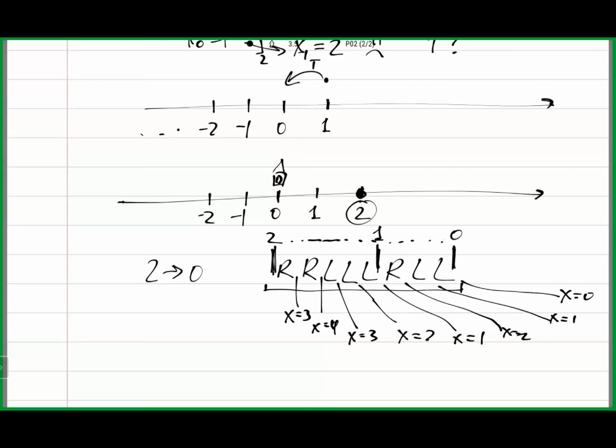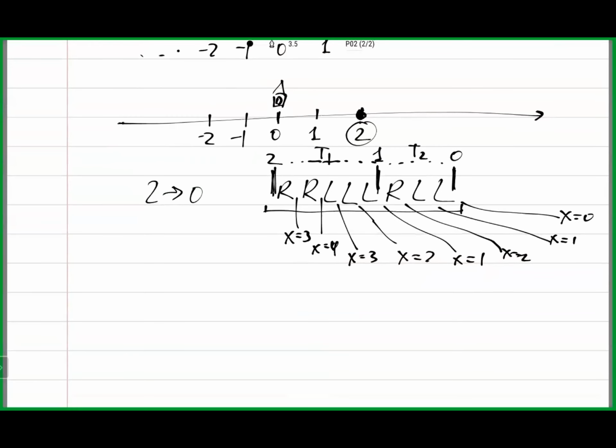And hence, our total time to go from 2 to 0 is a sum of two random times. You need T1 steps to go from 2 to 1, and you need T2 steps to go from 1 to 0.